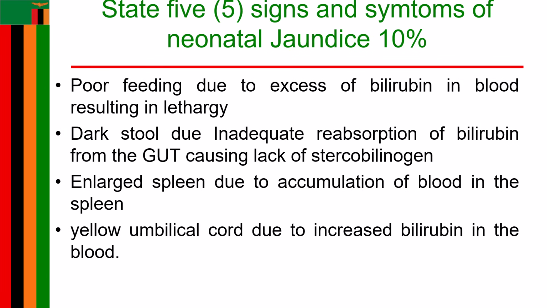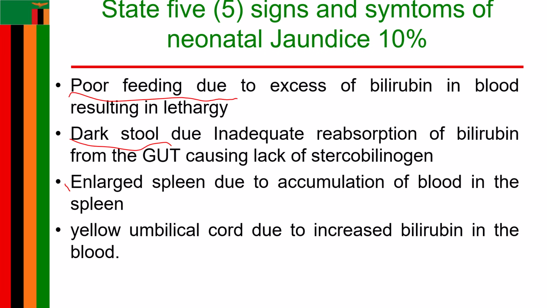We can move on. It says, state 5 signs and symptoms of neonatal jaundice. So when we look at the signs and symptoms of neonatal jaundice, the first one is, of course, poor feeding. And poor feeding is due to excess of bilirubin in the blood, resulting in lethargy. Then, of course, dark urine. This is due to inadequate reabsorption of bilirubin from the gastrointestinal tract, causing lack of stercobilinogen.